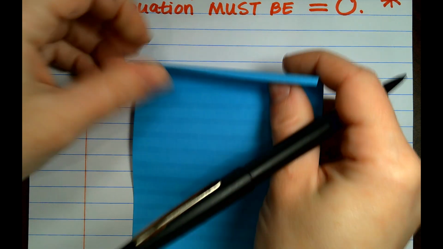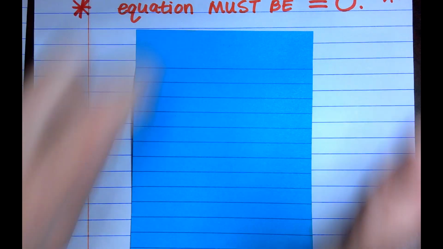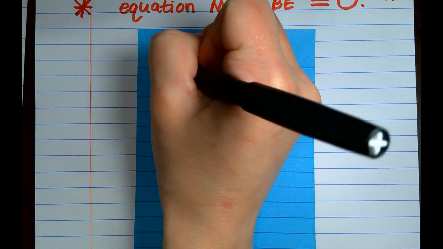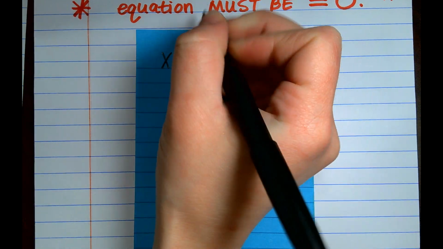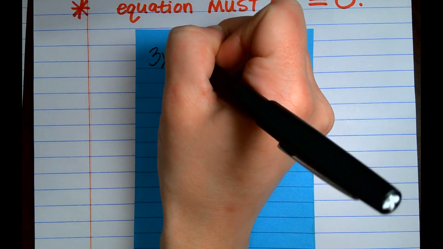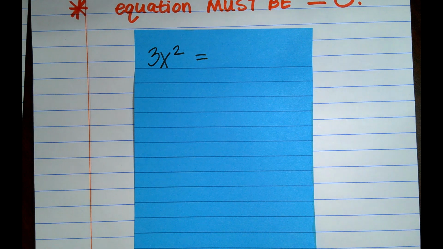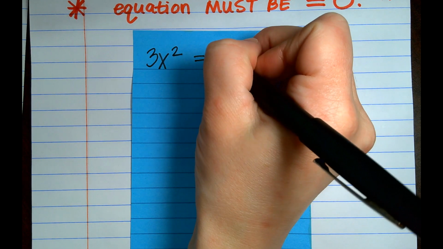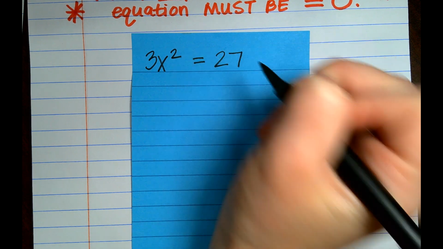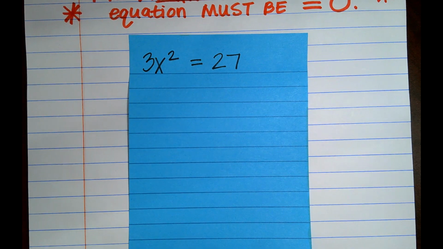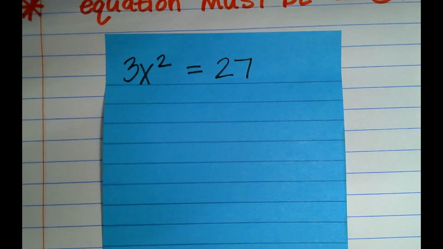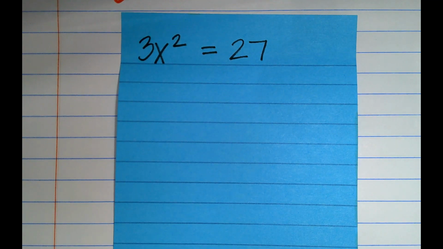I'm just going to do it on a separate little sheet here. What if I had 3x squared equals 27? And let's say I wanted us to solve for x.